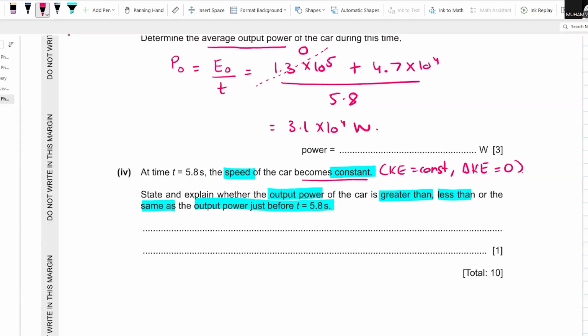If your speed is becoming constant, kinetic energy will become constant. If there is no change in kinetic energy, your overall energy output will decrease. Hence, your power output will decrease.